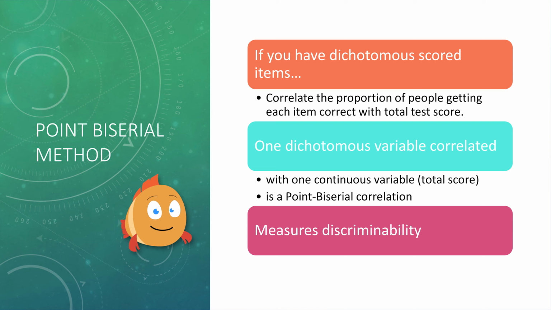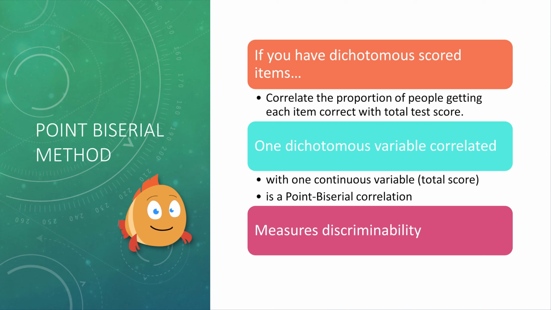But that's the idea. Now the point biserial method: if you have dichotomously scored items, like the MMPI or items with a correct answer, you can correlate the proportion of people getting each item correct with the total test score. That's actually what I was showing you earlier. And here it's one dichotomous variable, correct or incorrect, correlated with a continuous variable, the total score.